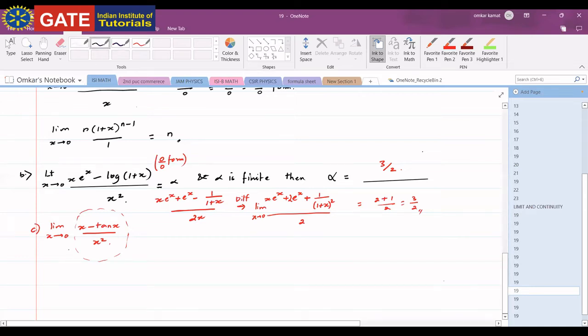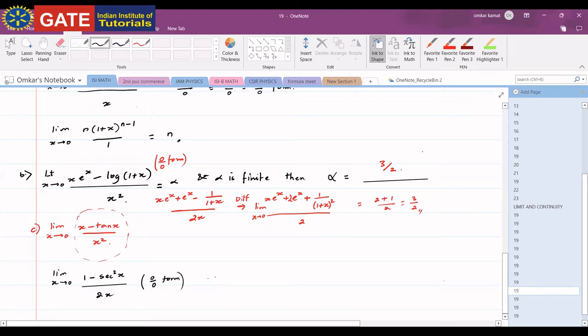See, once I substitute the limiting value 0, this will be 0, tan 0 is 0, divided by 0, 0 by 0 form, correct? So we will use L'Hopital rule. Limit as x tends to 0, differentiation of x is 1, tan x is sec square x, divided by 2x. Now again, once I substitute the limiting value 0, this will be sec 0, which is 1, 1 minus 1 is 0, 0 by 0 form.